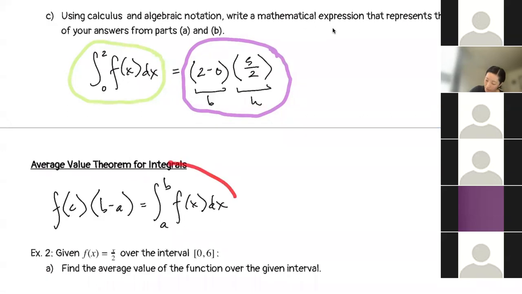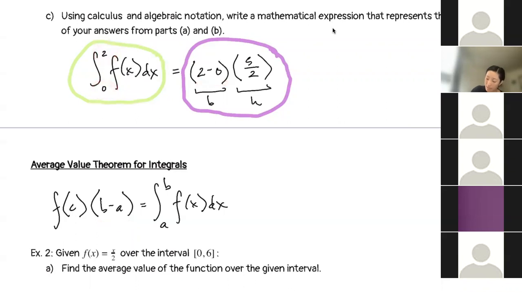So we have this integral notation, just like we have in the green over here. That part is the same. And we'll notice that instead of writing 2 minus 0, I did b minus a, all right? Because if we looked at our bounds, we have b, which is 2, minus a, which is 0. That's where I get that 2 minus 0 from. Okay, so this b minus a is that b minus a.